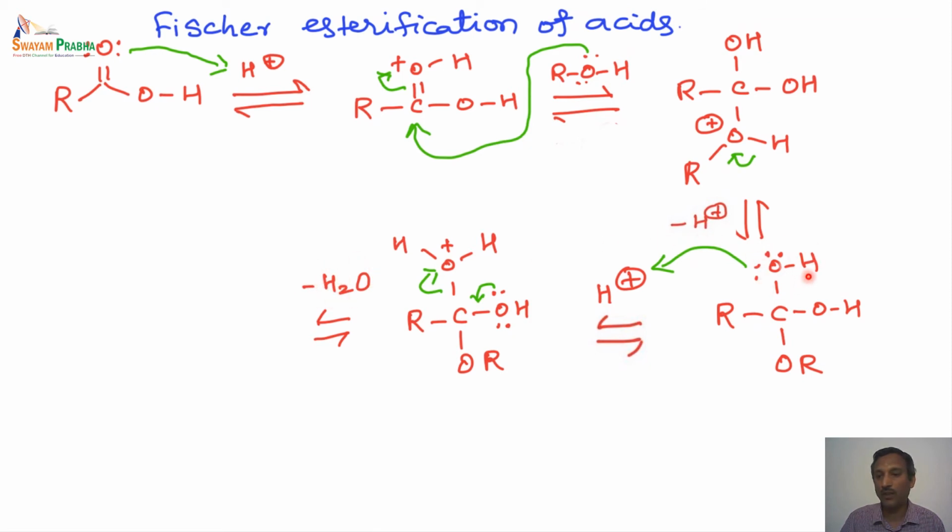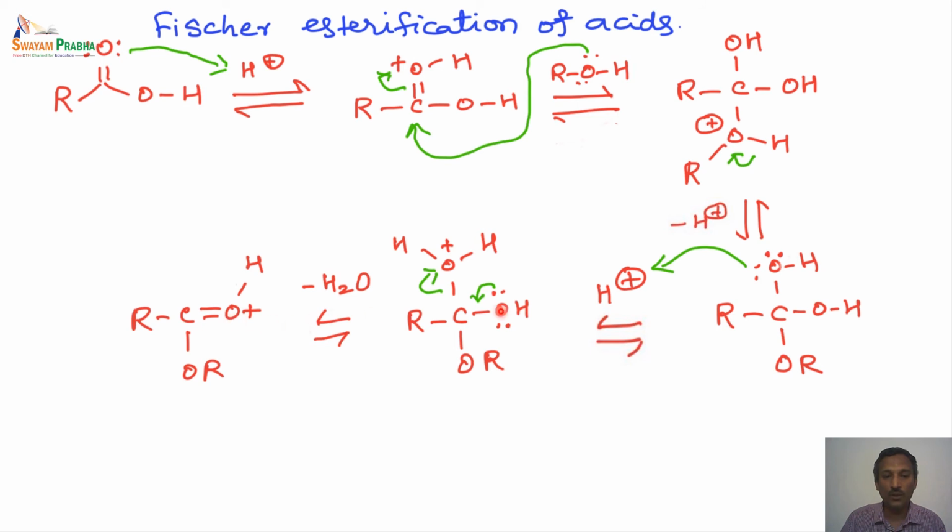Here none of the groups can be easily lost because they are not good leaving groups. OH is not a good leaving group, OR is also not a good leaving group, but the water molecule, H2O plus, is a very good leaving group. So the abstraction of the proton is very crucial for the loss of the water molecule in this step.